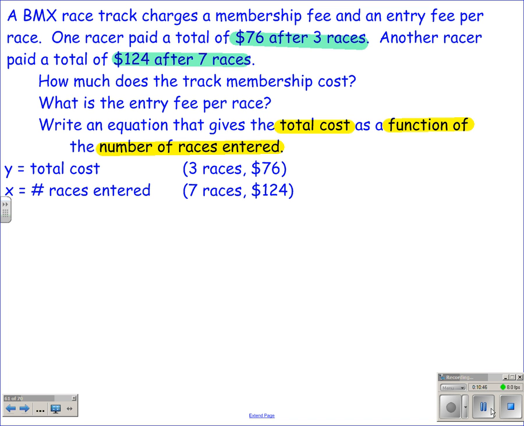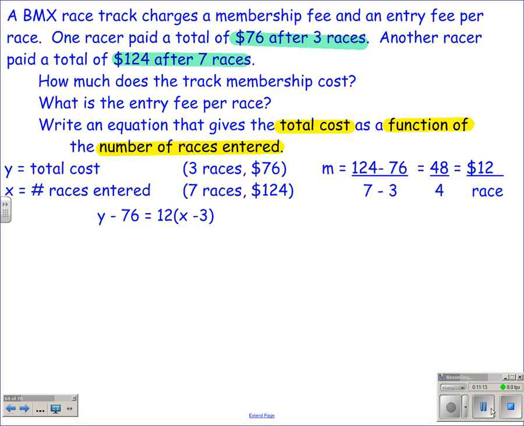So remember, change in y over the change in x. We'll have 124 minus 76 over 7 minus 3, which is equal to $12 per race. We already have an answer for one of them, the entry fee per race, and it's also our slope. So now let's use that slope and one of the points to write in point-slope form.